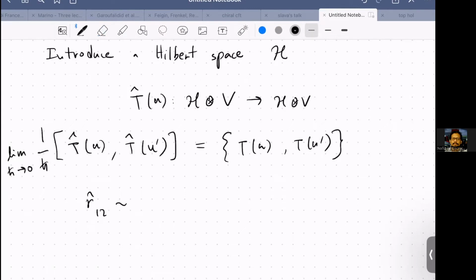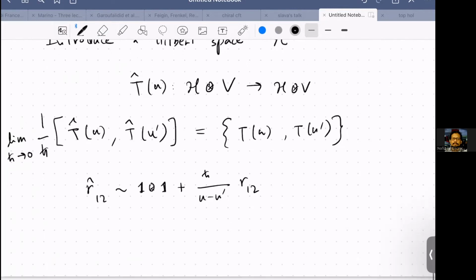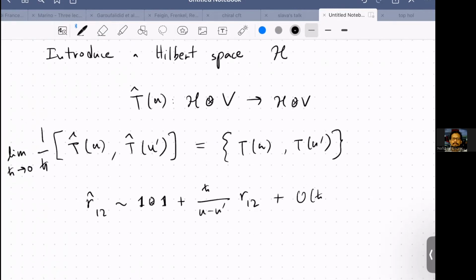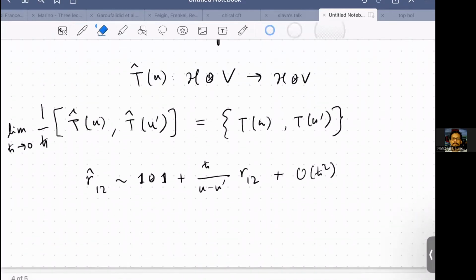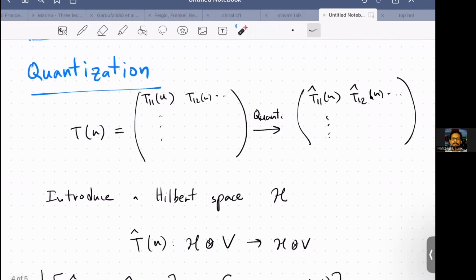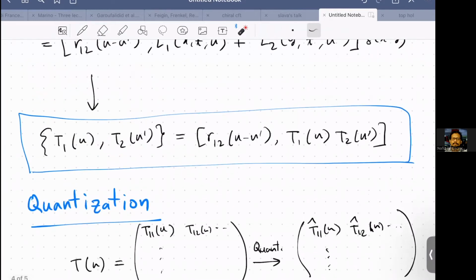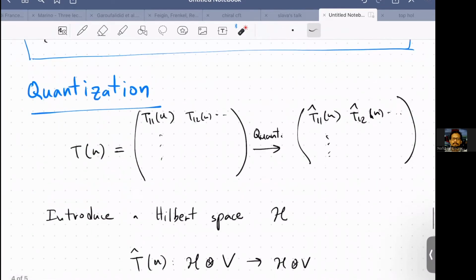Roughly speaking, up to some constants, this is going to be simply the identity operator tensor identity operator, plus H bar over U minus U prime times the classical R matrix. And then you have higher order corrections. So this is just my definition. I'm defining this quantum R matrix, and then you can again show, I'm not going to prove, that the quantized version of this is the following equation.